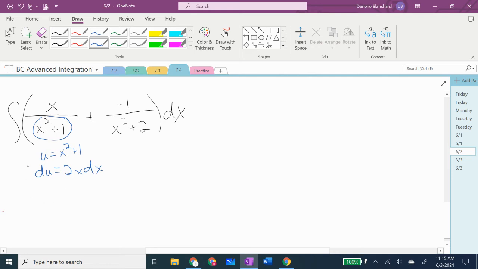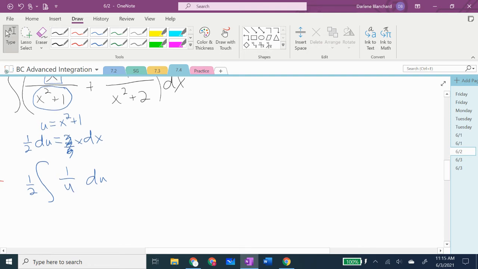I divide the 2 over here to the du, and then I can see that the x times the dx is replaced with a 1/2 times du, and I have the integral of 1 over u. I'm getting 1/2 natural log of the absolute value of u, but I don't need those absolute values when u is x squared plus 1, because x squared plus 1 is always positive.